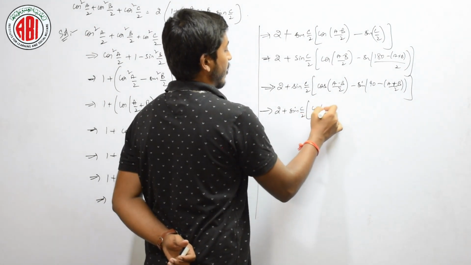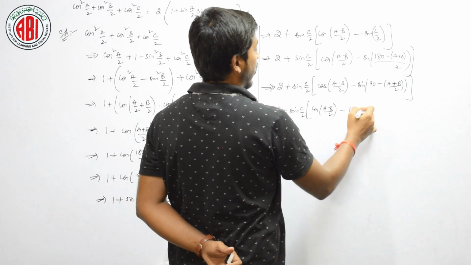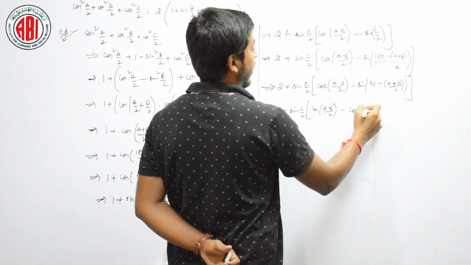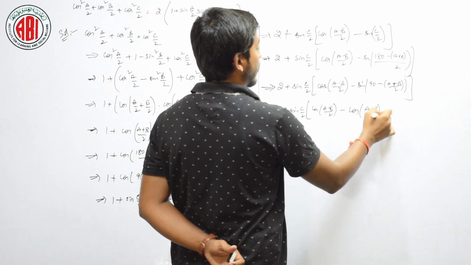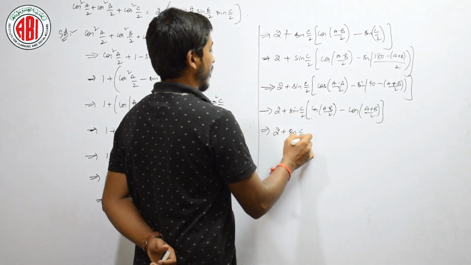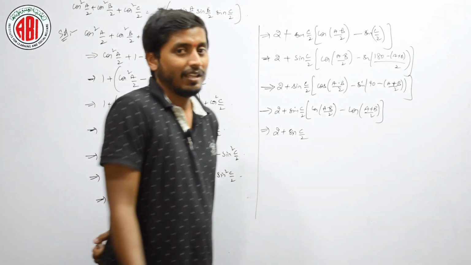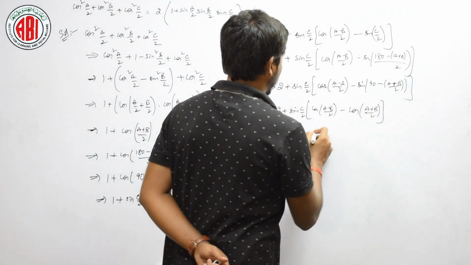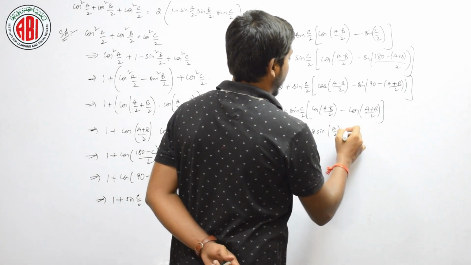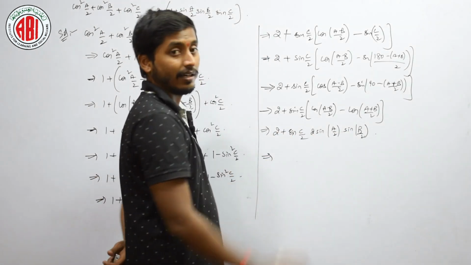Here it is cos of a minus b by 2 minus, sin of 90 minus theta is cos a plus b by 2. Now see here, if you observe, what is cos of a minus b minus cos of a plus b? That is nothing but 2 sin a sin b, right? This is nothing but 2 sin a and sin b, isn't it?